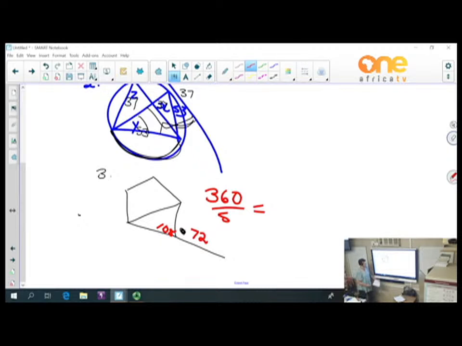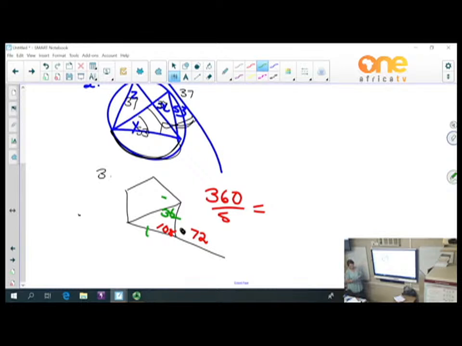Okay, and then DAE. DAE is that angle that we have to calculate there. How will you do that? We have an isosceles triangle, so it will be 180 minus 108 divided by 2, which is what? 36. So this one that looks like 90 degrees will be 108 minus 36.